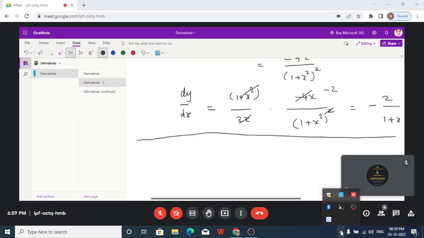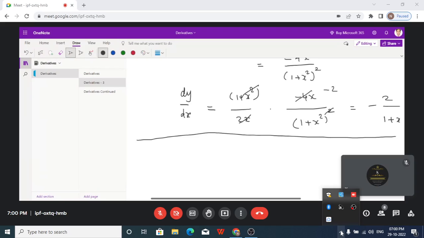Most of the derivative problems will involve a lot of algebraic manipulations. So, everybody got it? Yes, sir. Good.